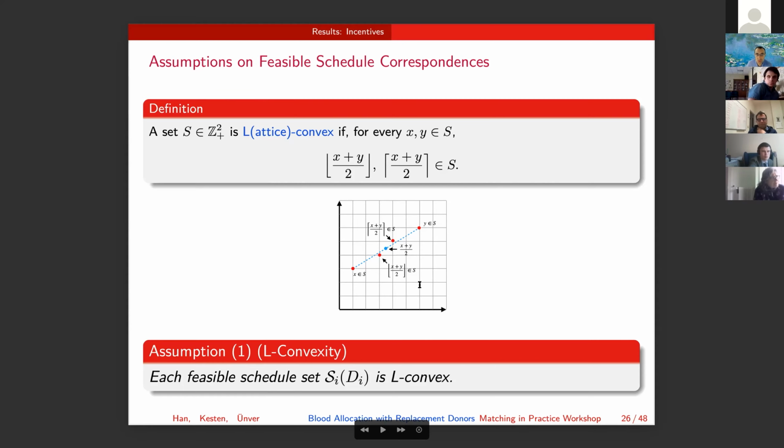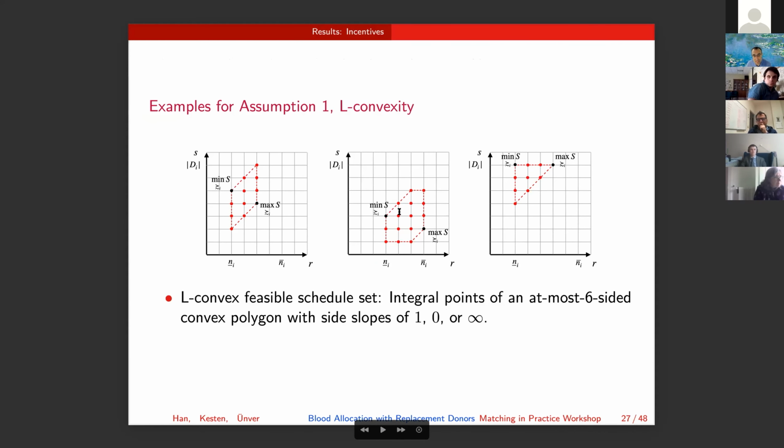So that's called lattice convexity. It immediately implies the shape of the sets. The middle one here is the most general shape. It's a six-sided, 45-degree shape in the positive direction. It can be a rectangle, it can be other shapes like here as well. They're all allowed. So in our domain, the implication is this.